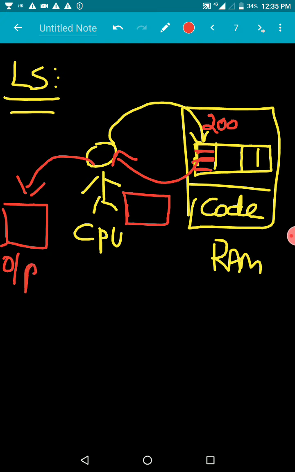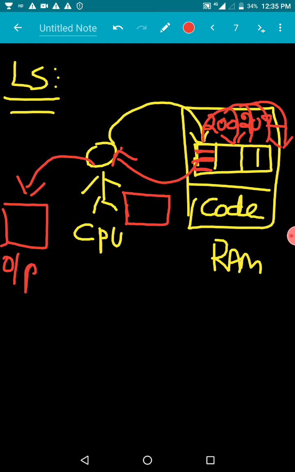If it is not matched, the CPU generates the next location address, because an array is stored in a continuous manner. Assume each location occupies 2 bytes, then the next location is 202. So the CPU searches all the locations until the given element is found.